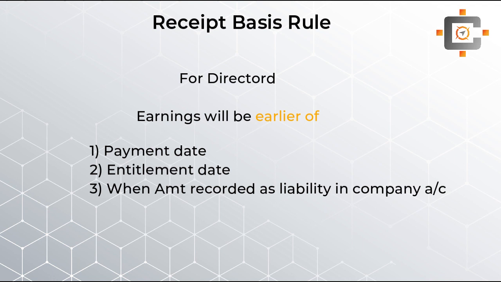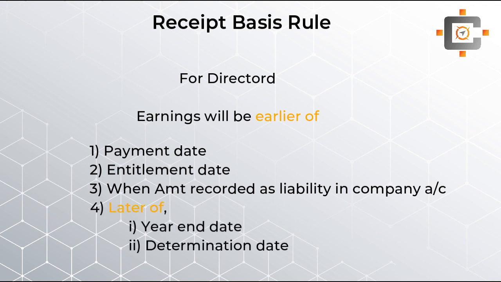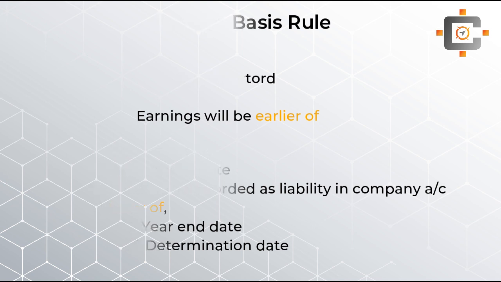Their earnings date will be the earlier of the payment date, the entitlement date, and the date the amount is recorded as a liability in the company's accounts. Those three dates are there. Then a fourth date will be determined separately. It will be the later of the year-end date and the determination date. Exactly, the director's salary will generally be determined at the annual general meeting of the shareholders.